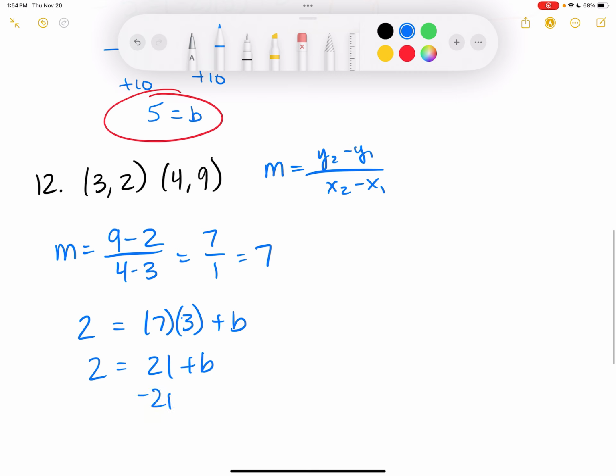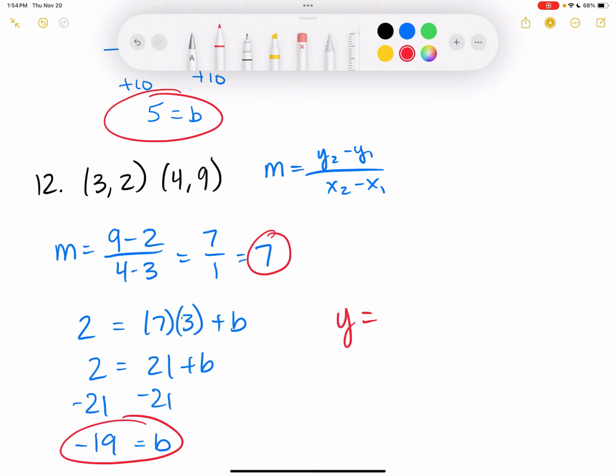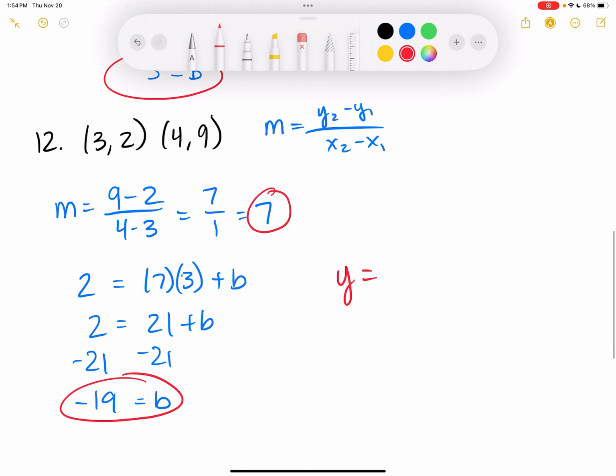Subtract 21 from both sides, and so I get -19 is equal to b. So I have slope, I have the intercept, so what's my equation of my line? y = 7x - 19. Yep, y = 7x - 19.